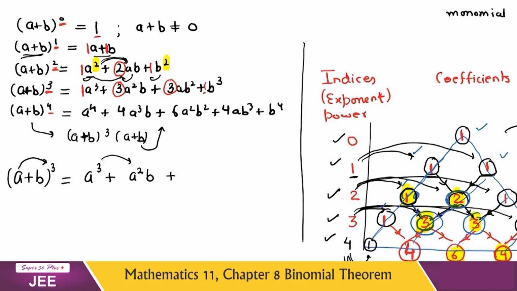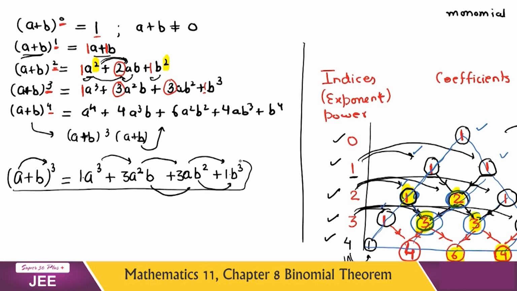In the next term, the power of a will again decrease from a square to a, and the power of b will increase, it becomes b square. And in the last term, the power of a becomes 0 and the power of b becomes 3. Alright, and the coefficients we are getting from Pascal's triangle, that is 1, 3, 3 and 1. That's it. We are done with the expansion of (a plus b) whole cube.